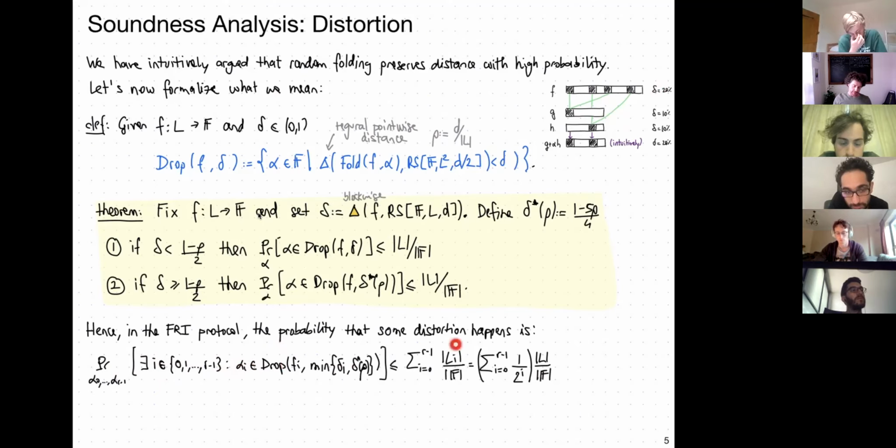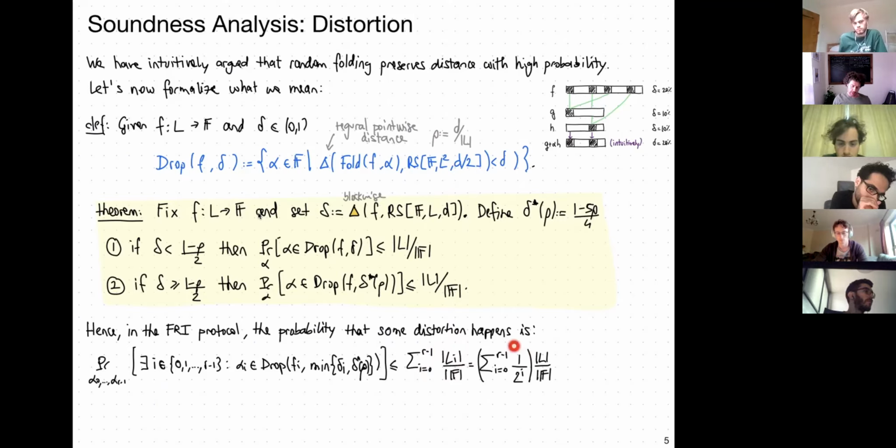What is that probability? We just take a union bound, so we sum over all of the rounds, and in each round the probability is exactly L over F. But L is really L_i, because the size of L depends on the round in which we are.